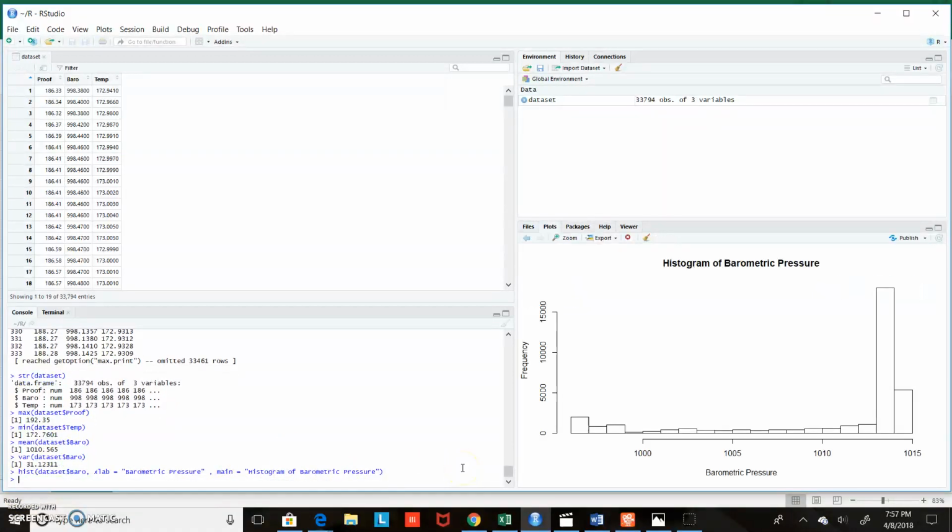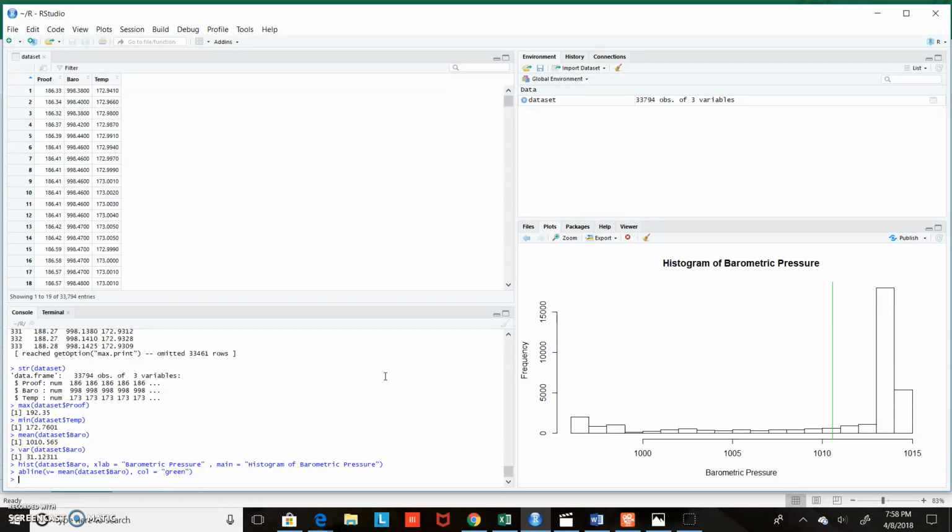So let's see how that ends up, and we see that most of the frequency lies more towards the right. Now we want to see exactly where the mean lies within our barometric pressure. So we are going to make a green line to see generally where it is. And it seems like it's between 1,010 and 1,015 barometric units.